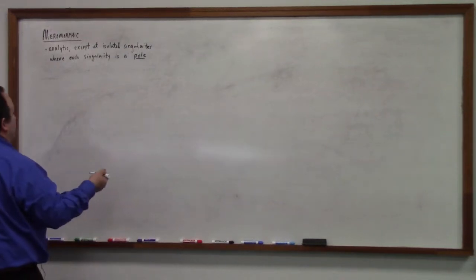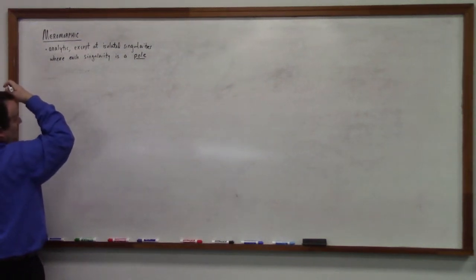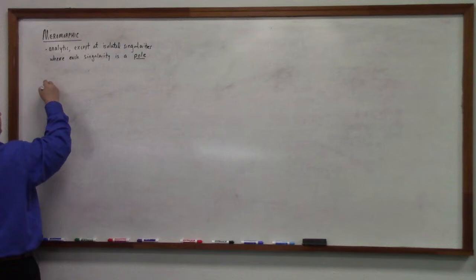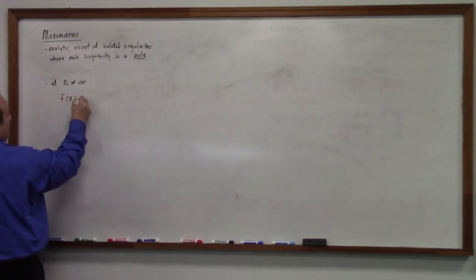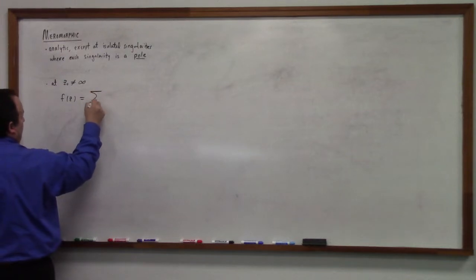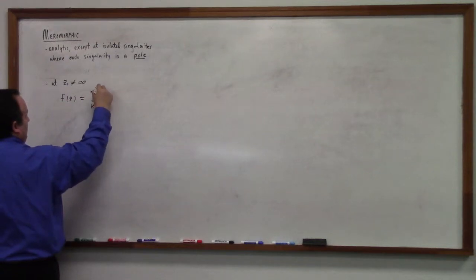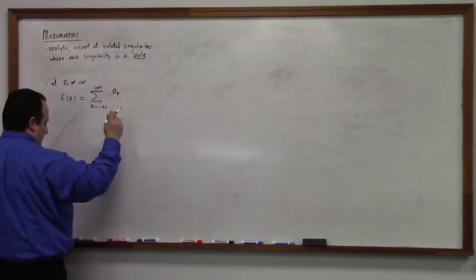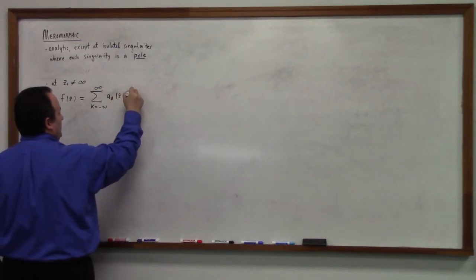And so what does this concept look like at infinity? Well, first of all, let's just say this. At z naught not equal to infinity, your f of z can be written as the sum, k equals minus n to infinity, of a sub k times z minus z naught to the k.